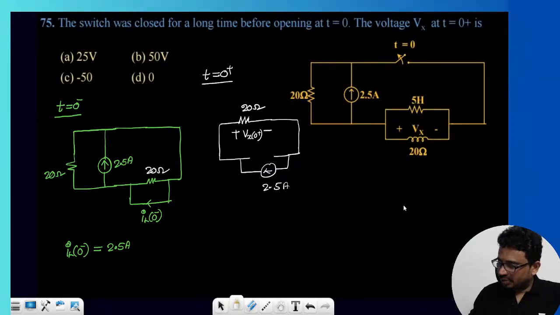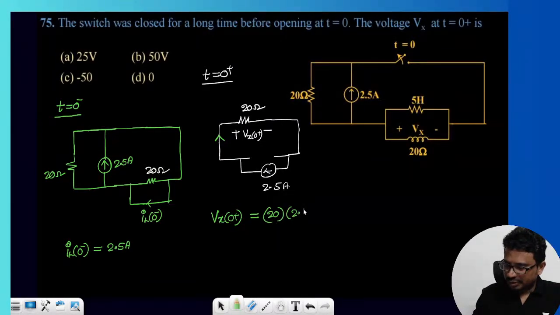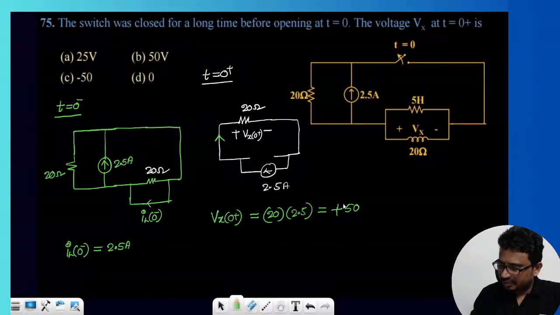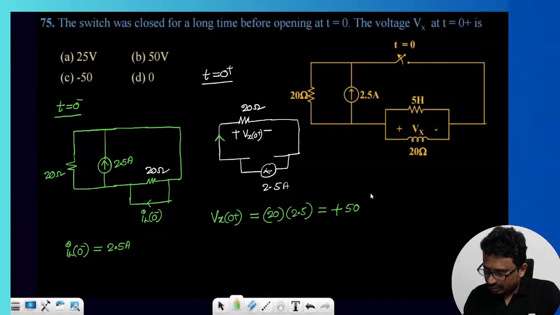What is Vx of 0 plus? This current will enter here, so Vx of 0 plus should be equal to 20 into 2.5, plus or minus, you tell me, which will be equal to 50. Plus 50 or minus 50, you tell me. Plus 50.